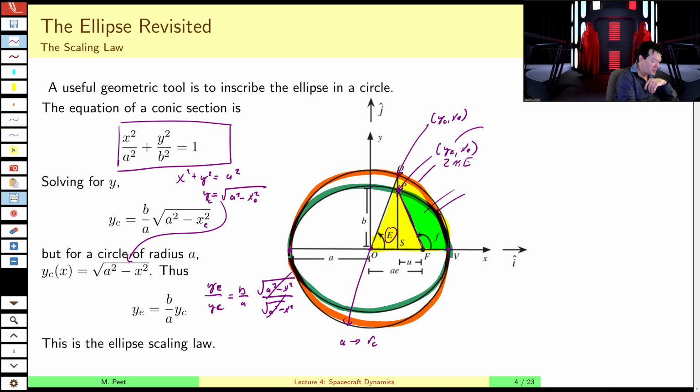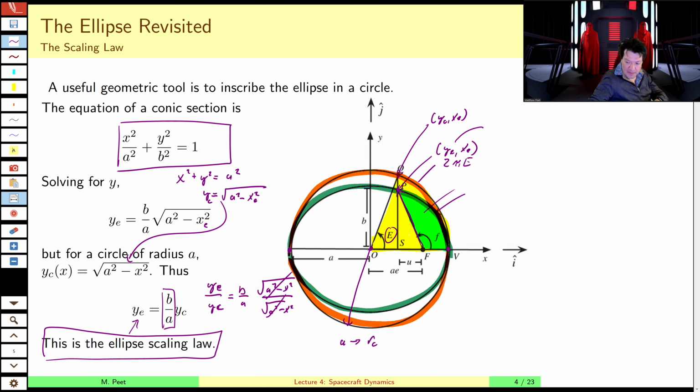Sorry, I have these upside down. And so if you want to find the point on the ellipse and you're given the point on the circle, you just multiply by the factor b over a, and that gives you the point on the ellipse. So this has a name. It's called the Ellipse Scaling Law, and it's a way to go from the circle to the ellipse. It'll be useful for calculating volumes and lengths and so forth. Okay, all right, so let's go on to the next step.